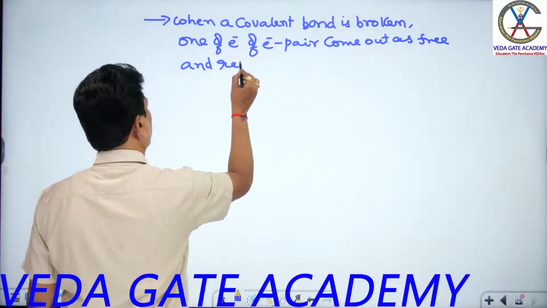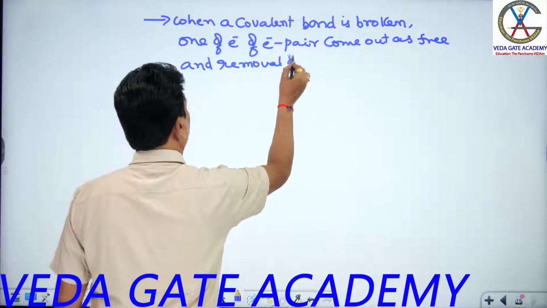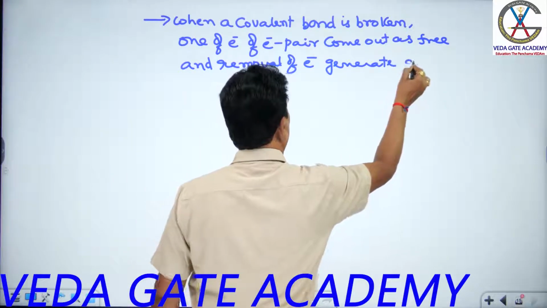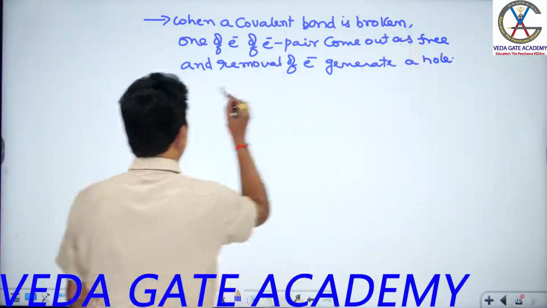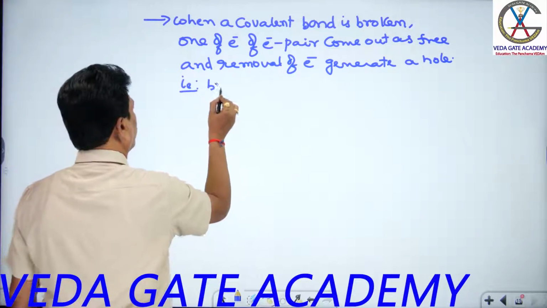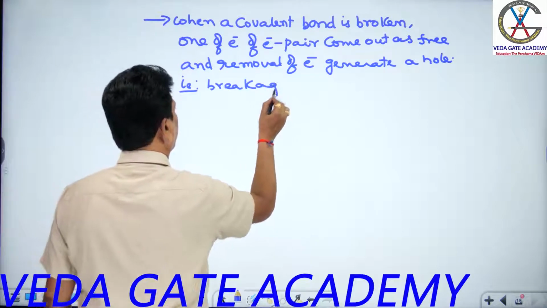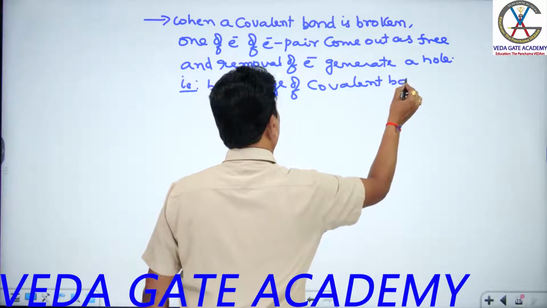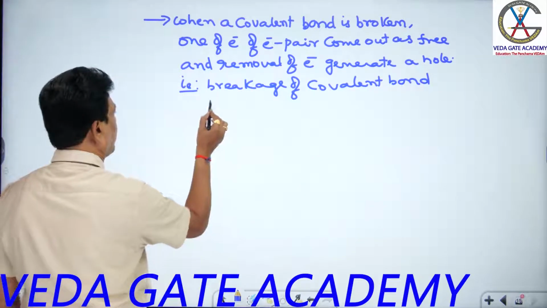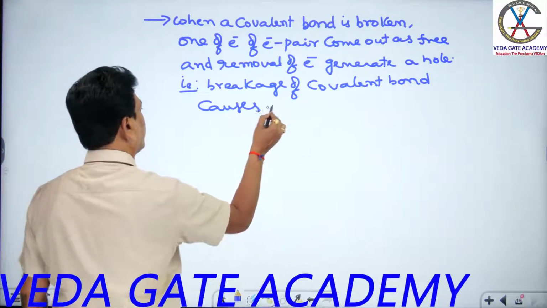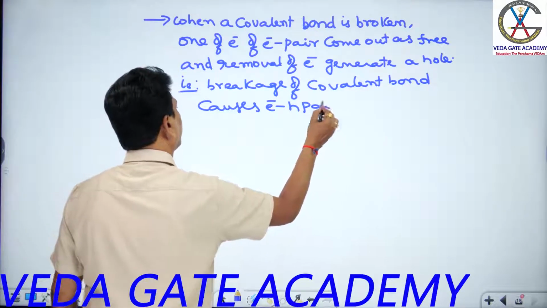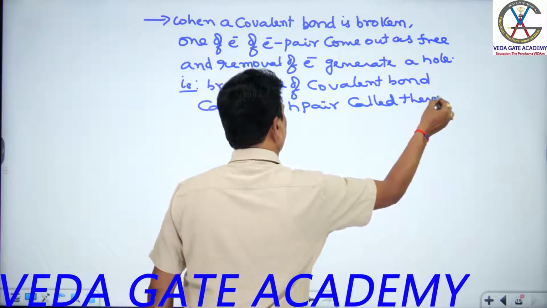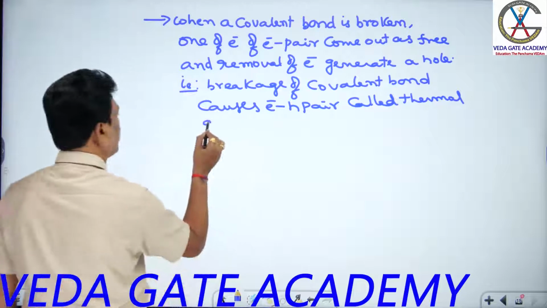And removal of the electron generates a hole. That is the breakage of covalent bonds. Breakage of a covalent bond causes an electron-hole pair, called thermal generation, students.